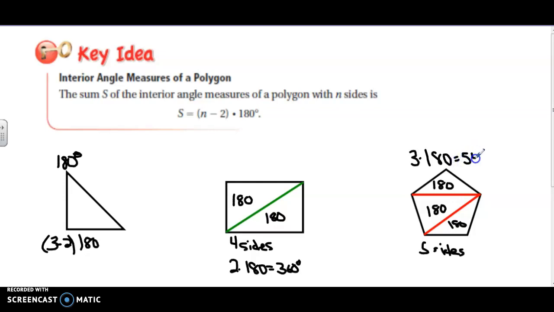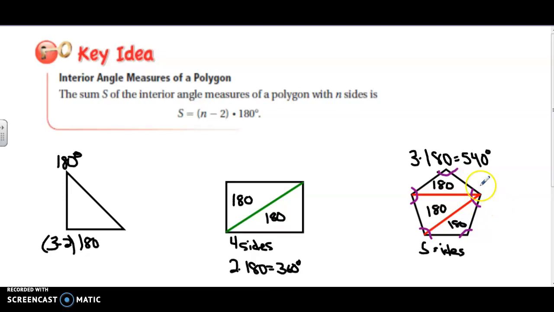So a 5-sided polygon, or a pentagon, would have an interior angle measure of 540 degrees when you add them all up. So that means all the angles added up. So what that's talking about is these angles. If I added up this angle plus this angle plus this plus this plus this, these interior angles, they all add up to 540 degrees.